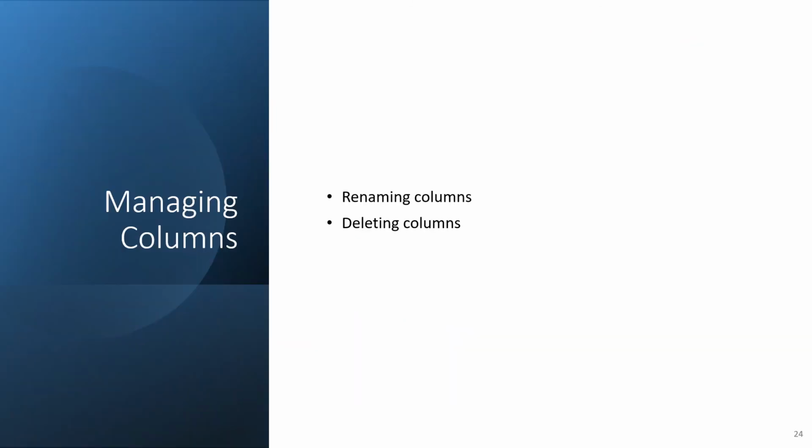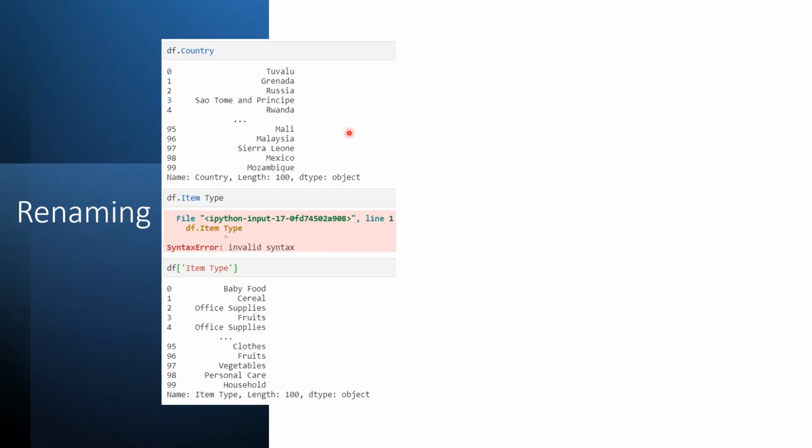Managing columns. Depending on different circumstances, we may have to rename or delete columns in a data frame. Let's see how we can approach that. Renaming. Why do we need to rename columns? By just typing df.country, I can access the country column in my data frame. But if I type df.item type, I'm supposed to get an error because there is a space in between the column name.